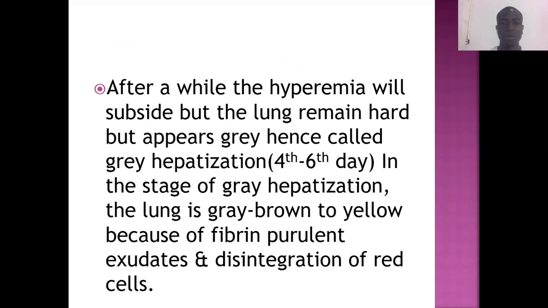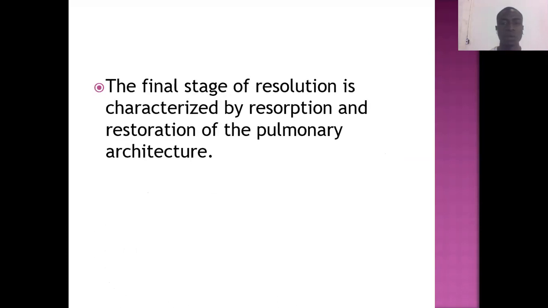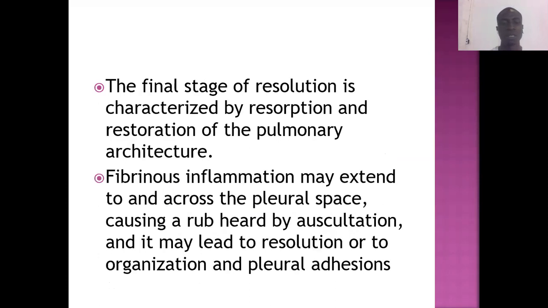After that, the hyperemia subsides and the lung remains hard but appears gray, hence it's called gray hepatization. In the stage of gray hepatization, the lung is gray-brown to yellow because of the fibrin, purulent exudate, and the degradation of red cells. The final stage is the resolution stage, which is characterized by the absorption and the restoration of the pulmonary architecture.